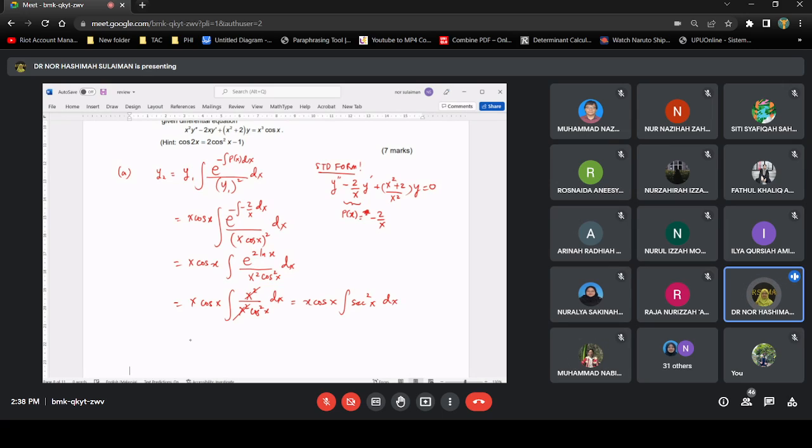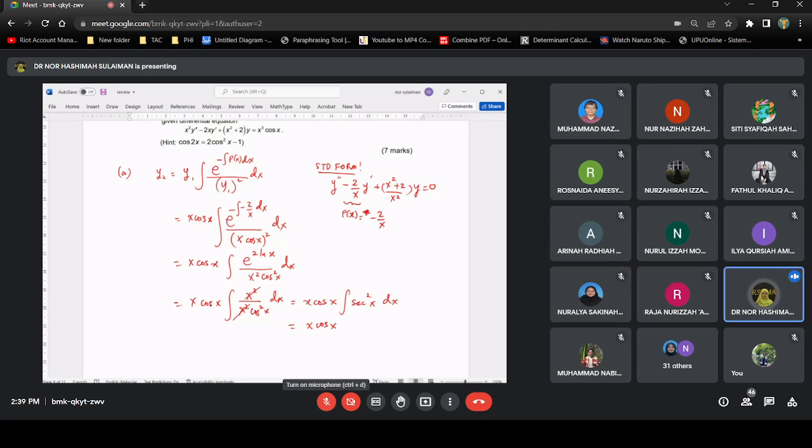Okay, can someone please look up the trigonometric punya integration? So what would be the integration of secant kuasa 2 x ni dapat apa? You all ada buku calculus kan? Dekat kulit tu ada buku calculus tak ni? Tak ada. I think early of the semester I did ask you to print formula untuk yang melibatkan integration dengan differentiation kan?